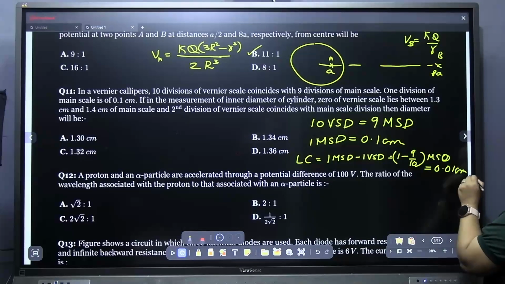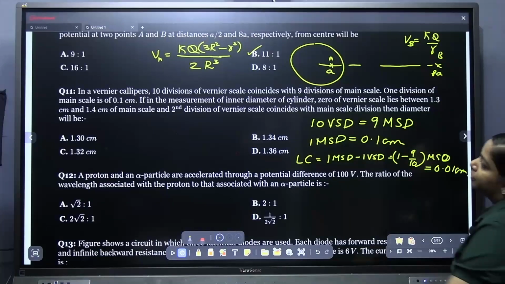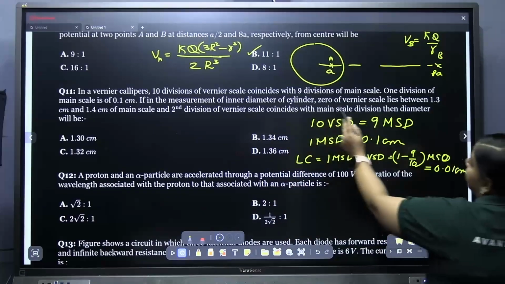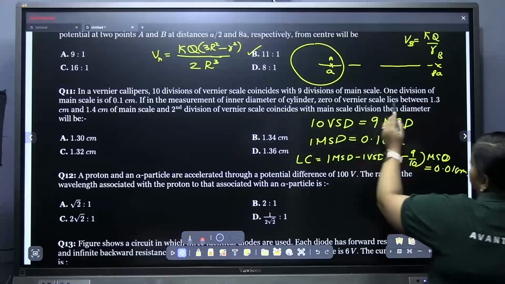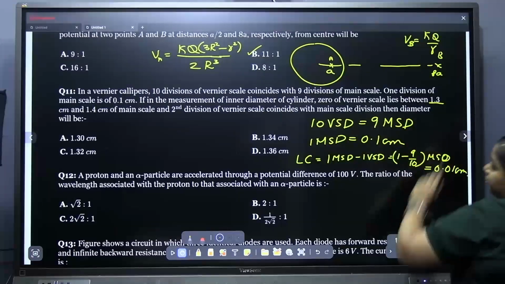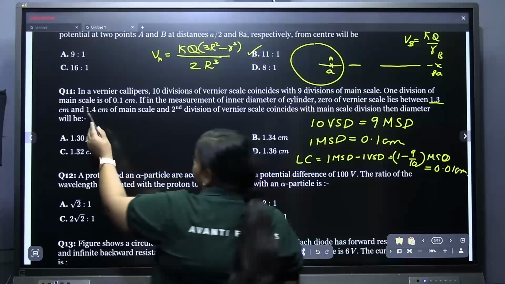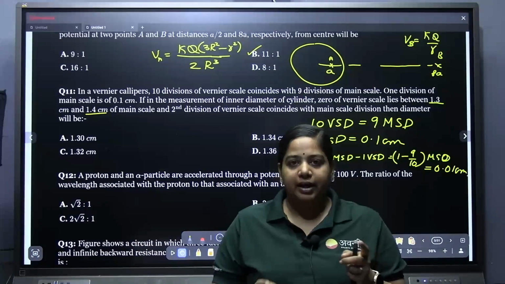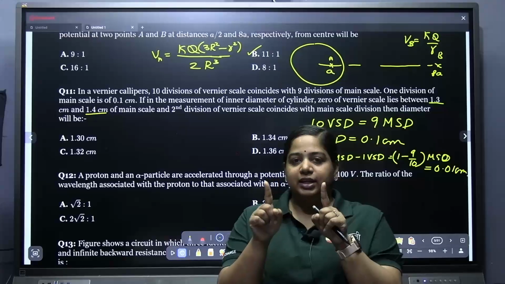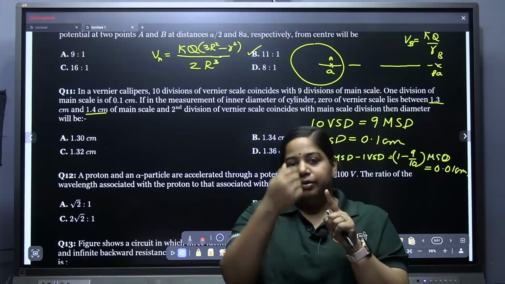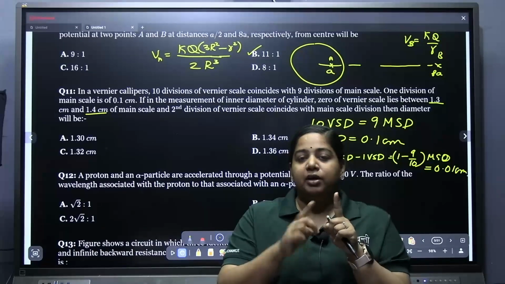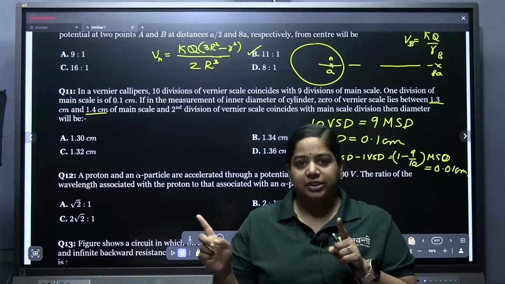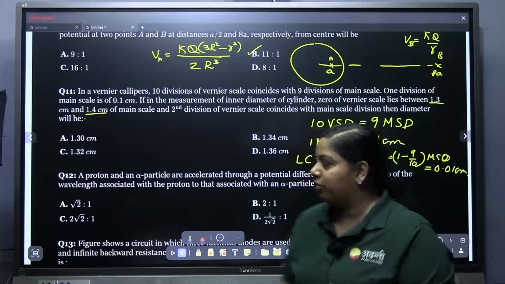0.01 centimeter. Now if the measurement of inner diameter of the cylinder, zero of vernier scale lies between 1.3 and 1.4 centimeter. As you already know, when you are doing the practical, if two divisions are there and our reading is coming in between them, we will take the previous one. Okay, 1.3 we have to take.